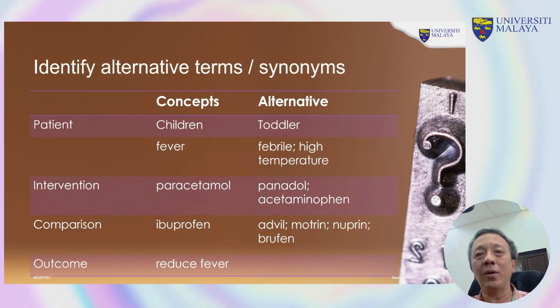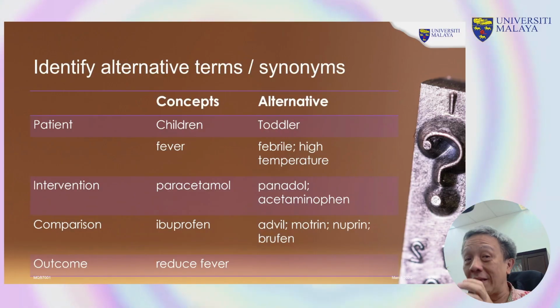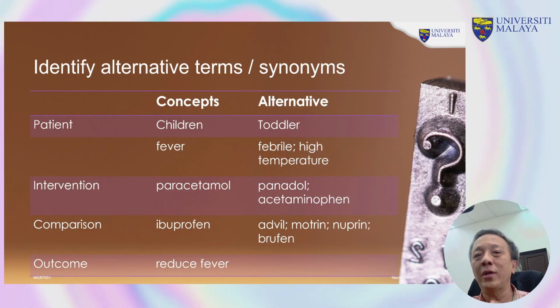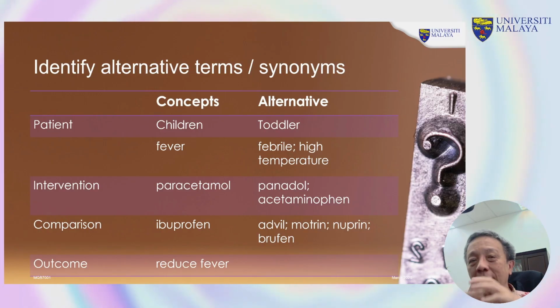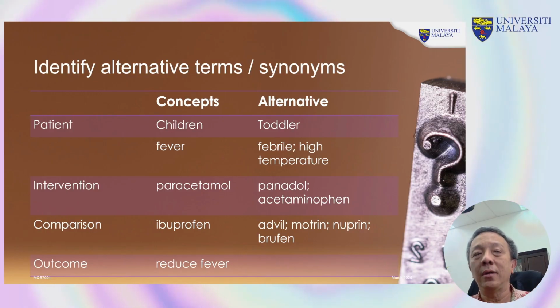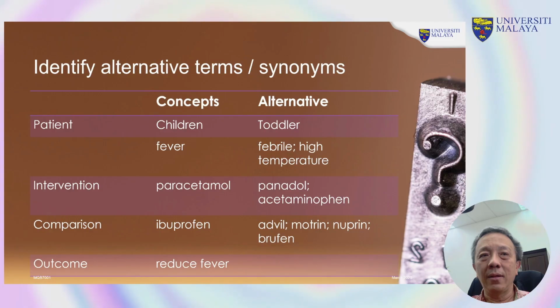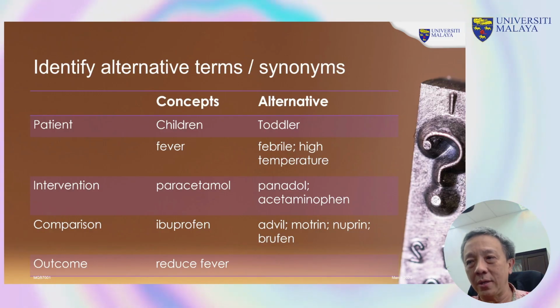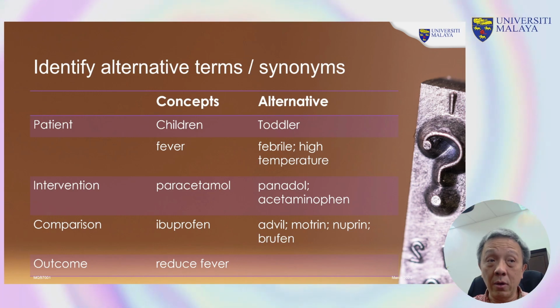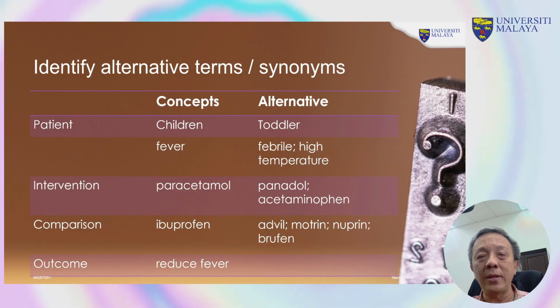But we need to also look at alternatives to the term, similar words that people use, so that we can include all of those and we can have a more wide, broad search. Like patient can be children or toddler. Fever can be febrile or high temperature. Intervention is paracetamol or Panadol or acetaminophen. Comparison is ibuprofen, can be Advil, Motrin, Nurofen, and Brufen.